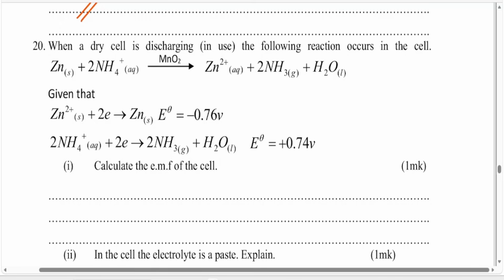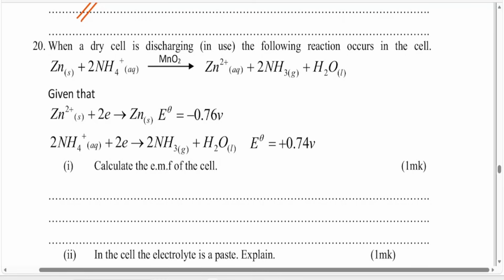Given that zinc ions have an equation for this particular dry cell, we have zinc ions gaining 2 electrons to obtain zinc solid. That is a reduction process with EMF of negative 0.76 volts. And we have ammonium ion gaining 2 electrons again to obtain ammonia gas and water with EMF of positive 0.74 volts.